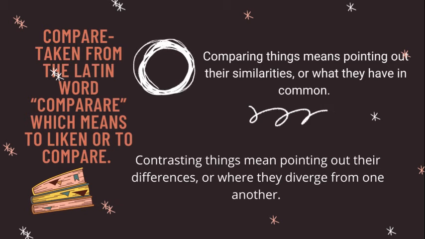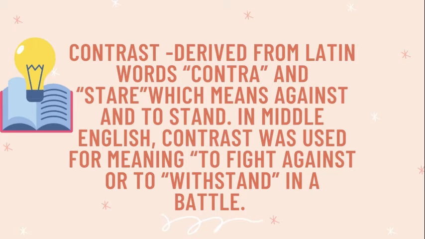Contrasting things means pointing out their differences or where they diverge from one another. Contrast derives from the Latin words contra and stare, which means against and to stand. In Middle English, contrast was used for meaning to fight against or to withstand in a battle.